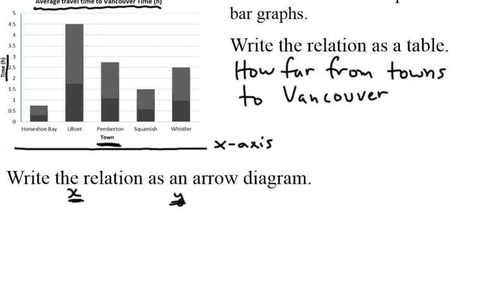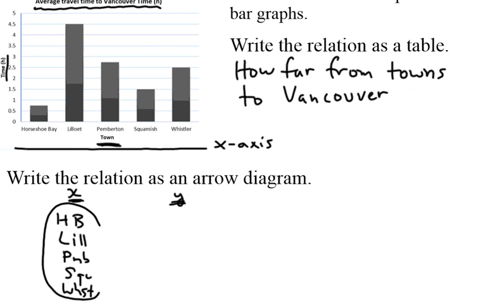That's what we want to start with, because knowing we have Horseshoe Bay, we have Lillooet, we have Pemberton, we have Squamish, and we have Whistler. There's our first set of data with all the elements.